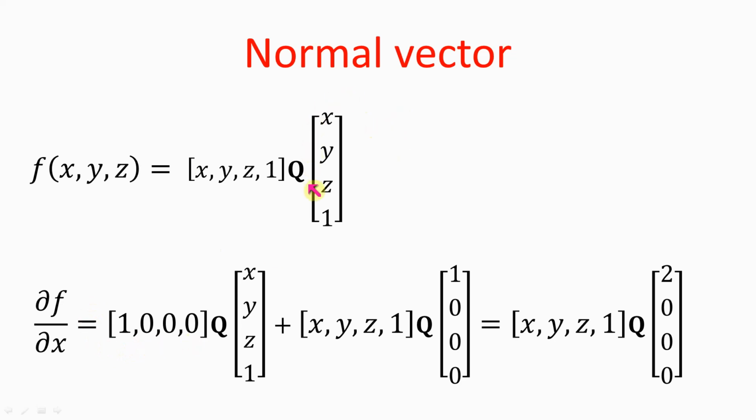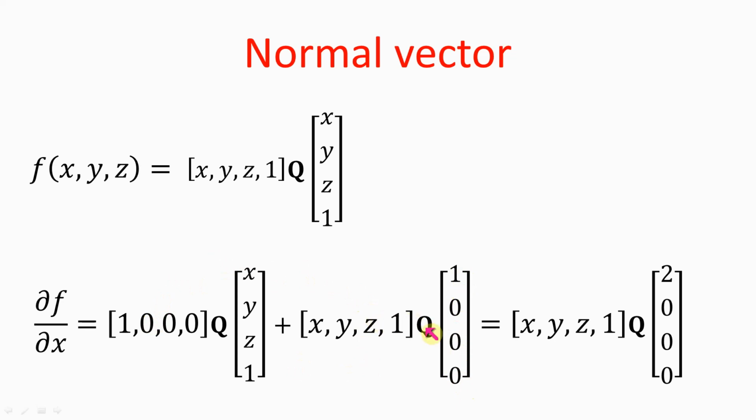And first, we do not touch the second vector that includes x. Then the two vectors exchange their roles, so we preserve x, y, z, 1 from the original formula and calculate the derivative of the second vector. Similarly, the derivative is 1, 0, 0, 0 and add these two terms.